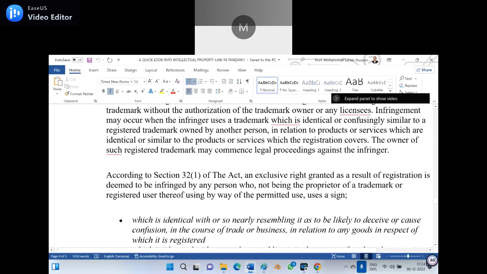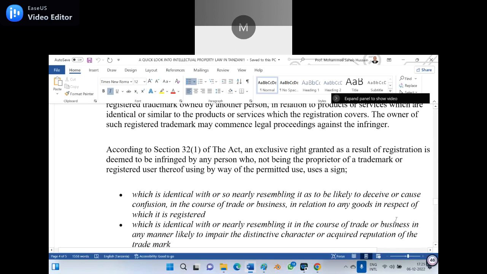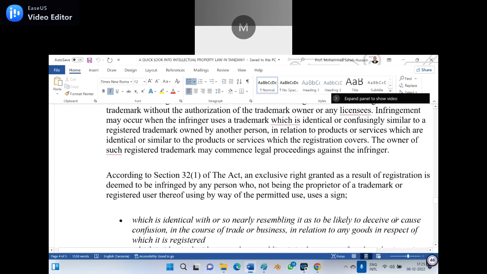Then people will be confused and buy thinking that this is the original product produced by the company. So according to Section 32, Clause 1 of the Act, an exclusive right granted as a result of registration is deemed to be infringed by any person who, not being the proprietor of the trademark or registered user thereof, uses it other than by way of permitted use.